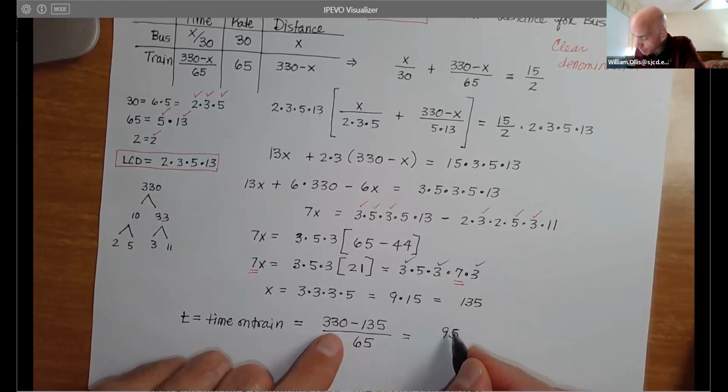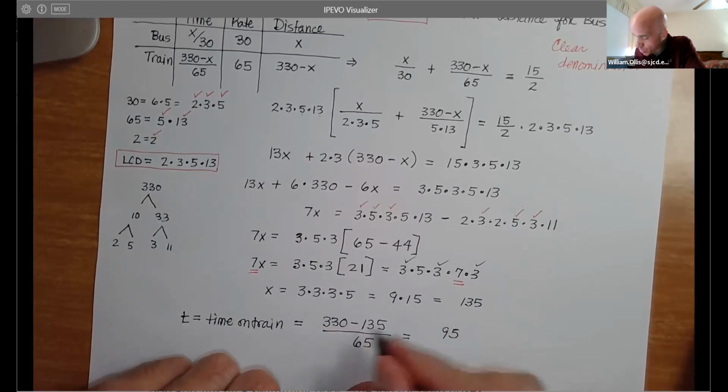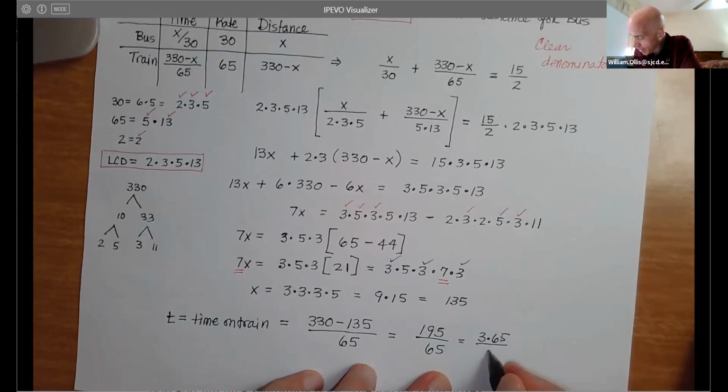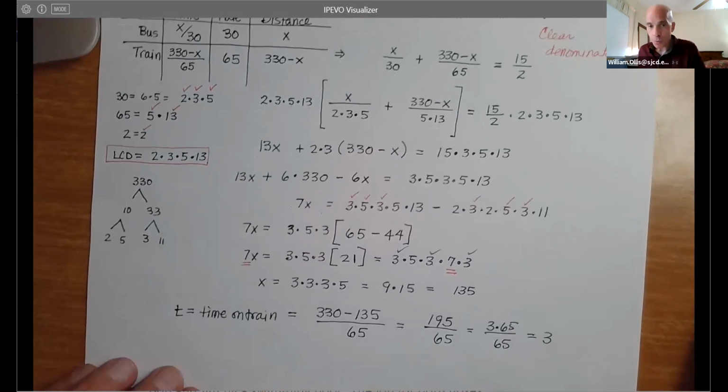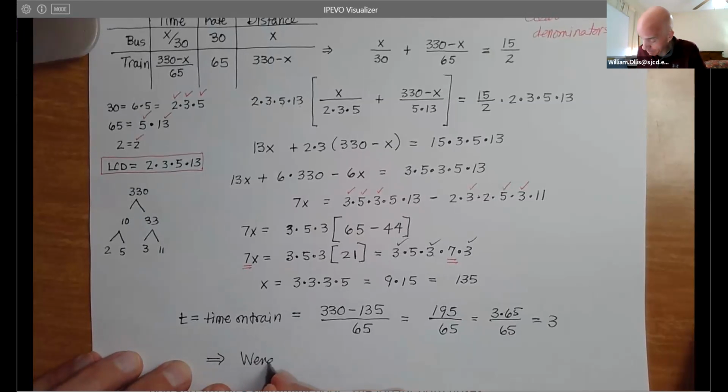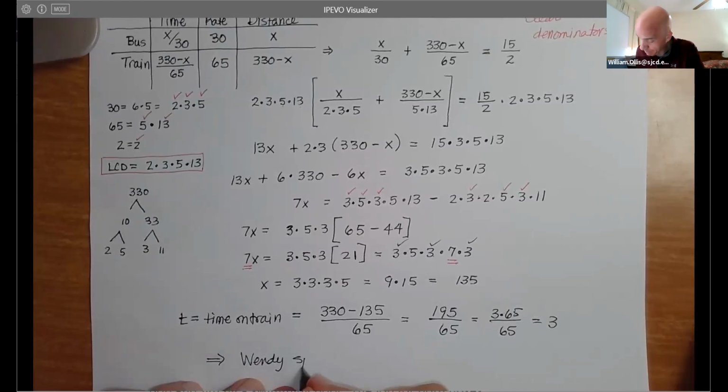And then, of course, 1 from the 2, because it's decreased, is a 195. But you can see this is just 3 times 65. We can easily see that. And symbolically, we get 3. So this implies Wendy spends 3 hours on the train.